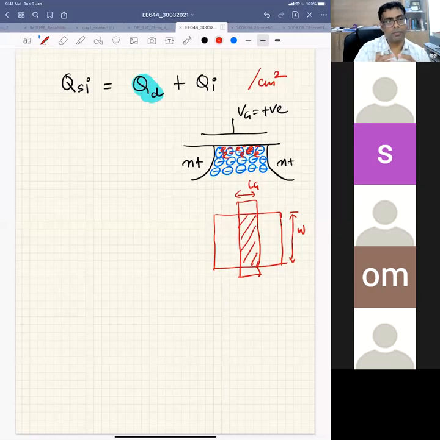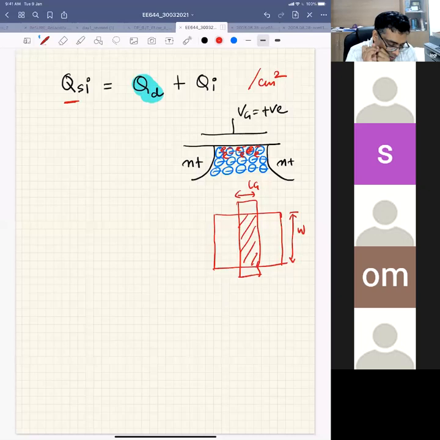In MOS transistor terminology, charge is always expressed per centimeter square of area. So if you want to find the total charge, I multiply by W times Lg. Similarly, capacitance is per unit area.